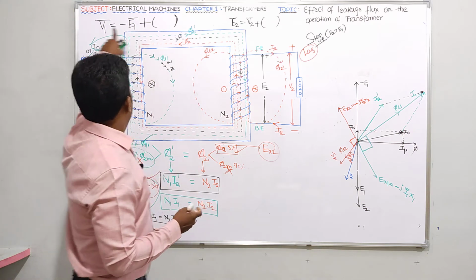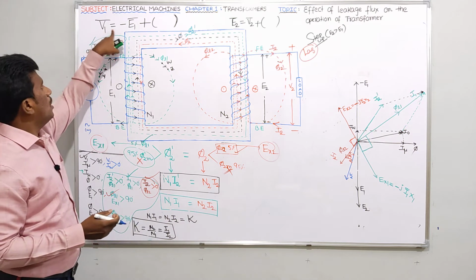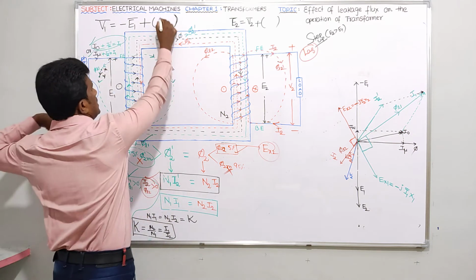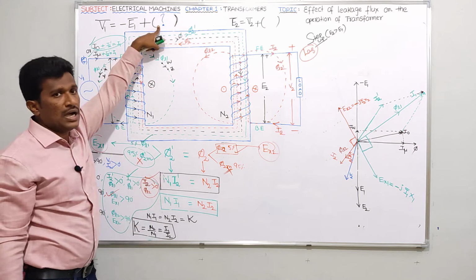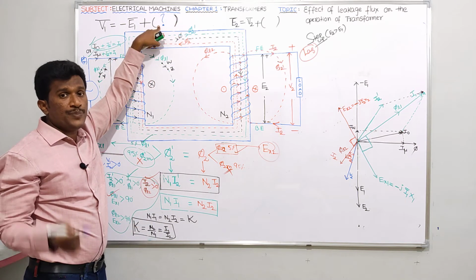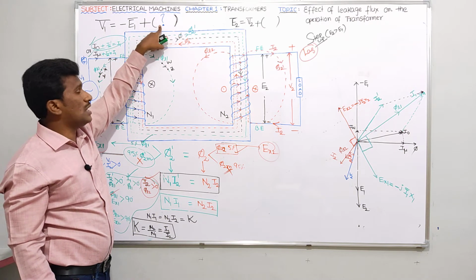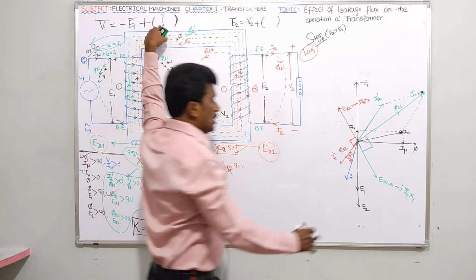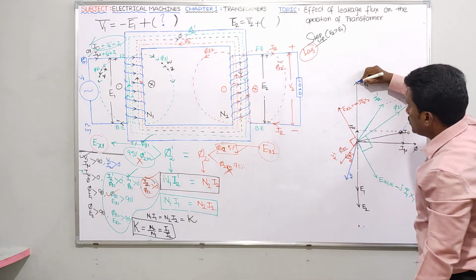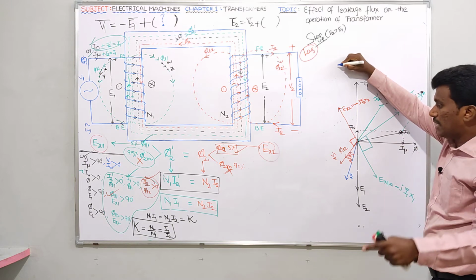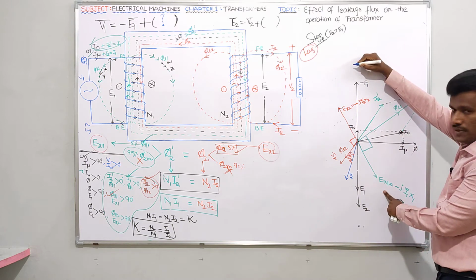I said V1 bar equals, how do you get this V1 vector? Minus E1 bar plus something. What is this something, guys? This something is used to compensate Ex1. So to this E1, I should add some term which should compensate this Ex1.